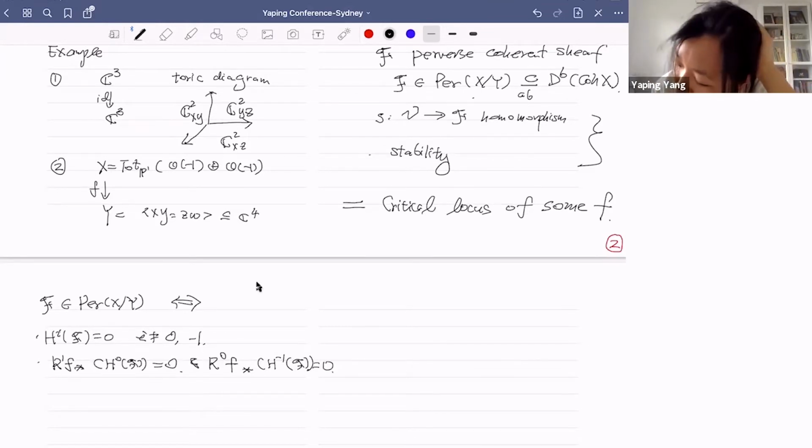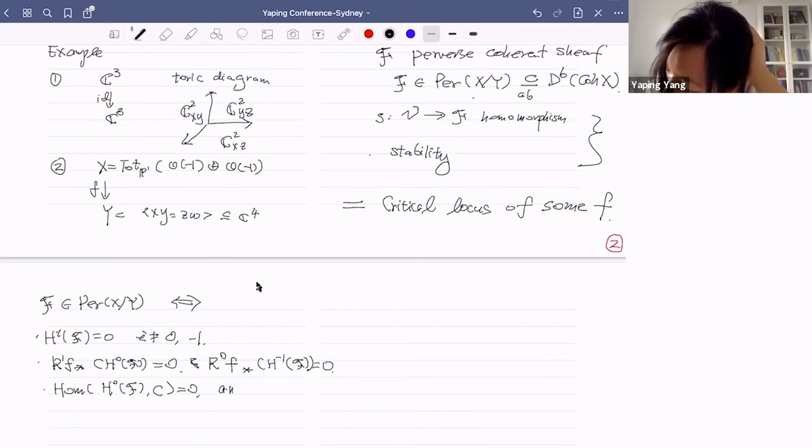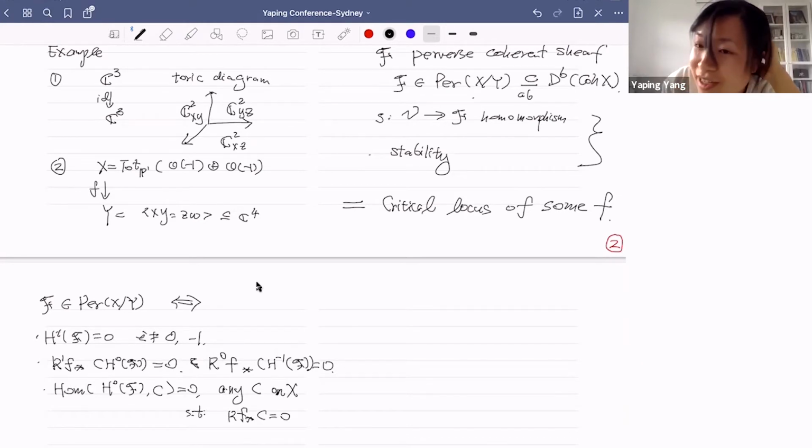And also, Hom from h^0 to C is always 0 for any C on X such that the pushforward of C equals 0. So that's the condition for perverse coherent sheaves.